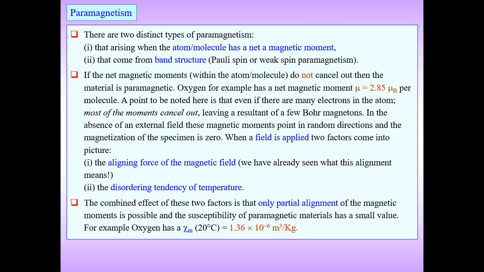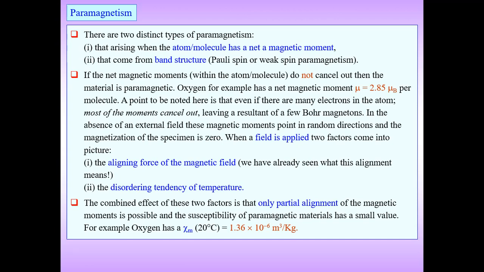Okay, so see here, if the net magnetic moment does not cancel out, then the material is paramagnetic. Oxygen, for example, has a net magnetic moment of 2.85 mu B per molecule. A point to be noted here is that even if there are many electrons in the atom, most of the moments cancel out, leaving a resultant of a few magnetons.